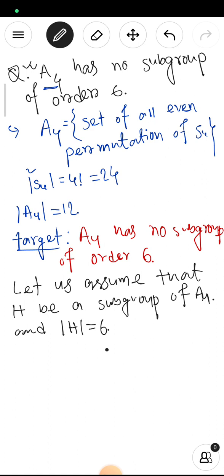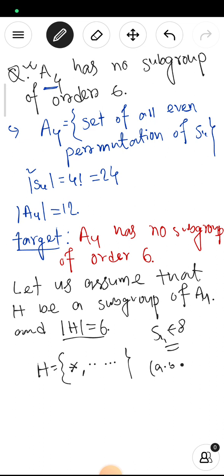See carefully what I am saying. We assume that the order of H equals 6. What does it mean? It means that without the identity there are 5 elements in the subgroup H. And we know that S4 has 8 three-cycles, and any three-cycle is an even permutation, because we can reduce this three-cycle to transpositions, that is AC and AB.